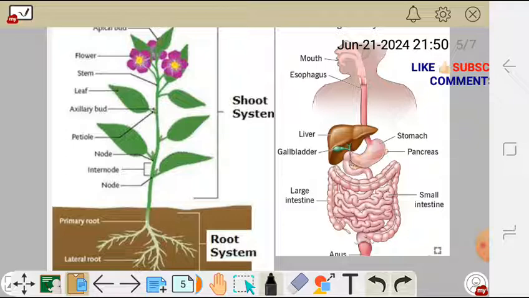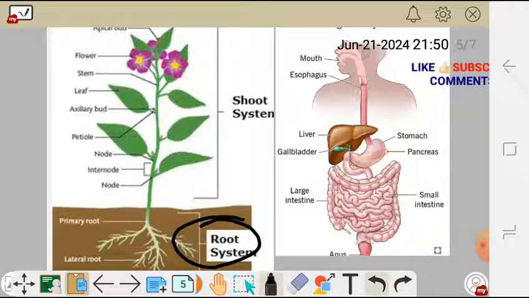And then we are going to have other parts such as the auxiliary buds. Those are not that important. So we have the leaf, the stem, the flower there, and we also have the part where differentiation of cells for the growth of that plant takes place. So all that part which we see outside the ground is what we call the shoot system.